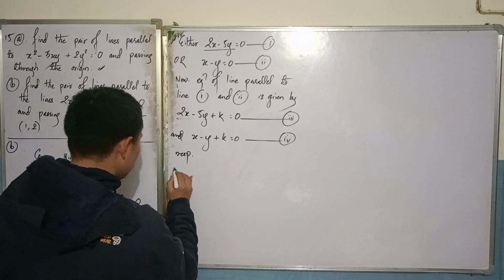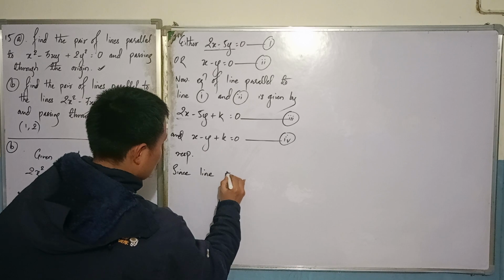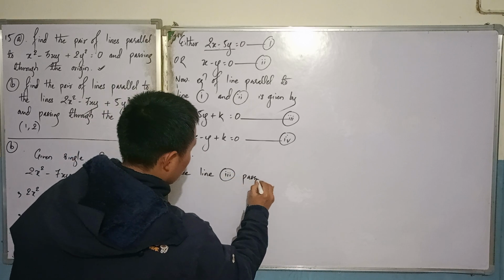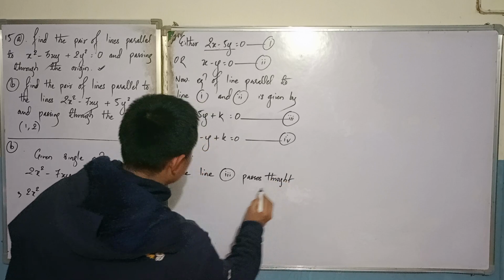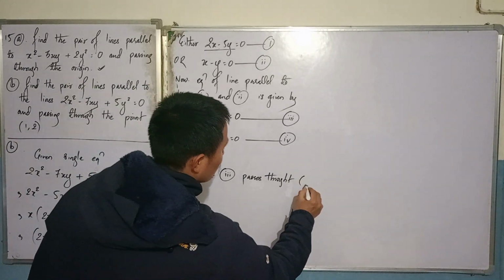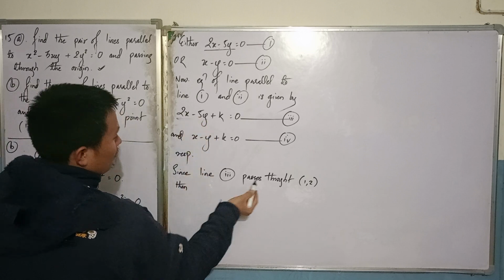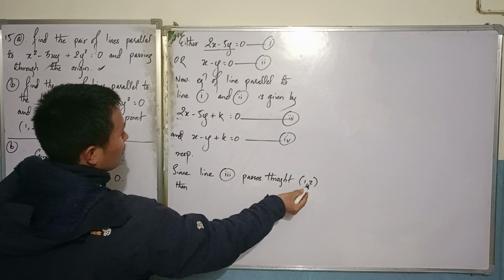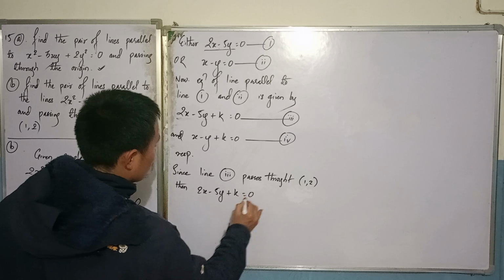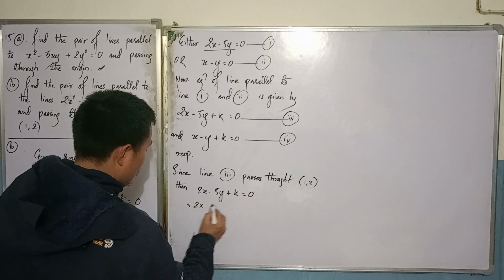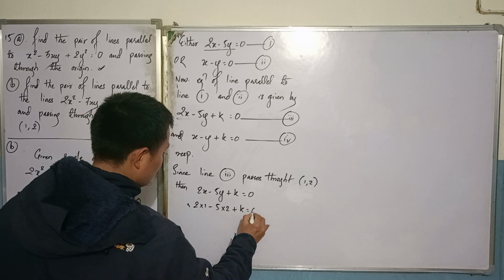Now, since line III passes through which point? (1, 2). Then just replace the value of x by 1 and y by 2. So 2x minus 5y plus k equals 0. Now 2 times x we have 1, y we have 2, plus k equals 0.